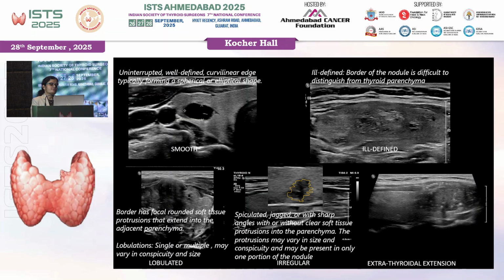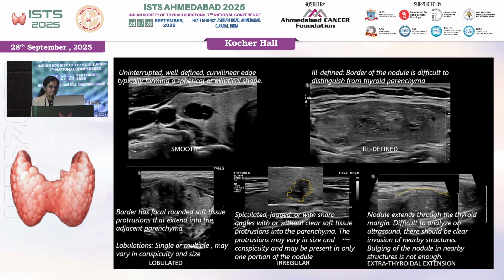In contrast to an irregular margin, where the margins are not round but sharply angulated or jagged, and they may or may not clearly extend into the adjoining parenchyma. Again, they can be present in only some part of the nodule. So for any nodule, it is very important for us to identify and assess all the margins of the lesion by rotating our probe in all the angles. The ETE.